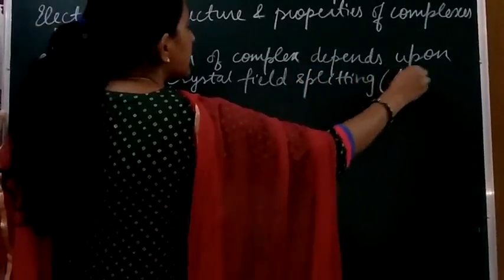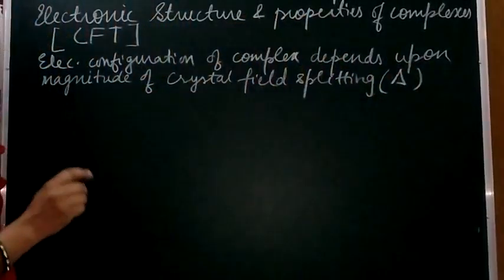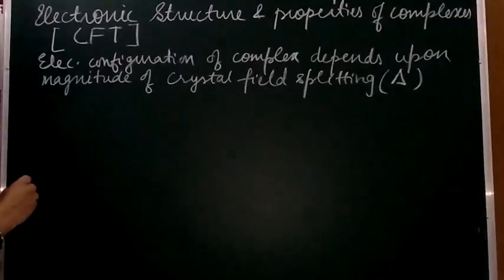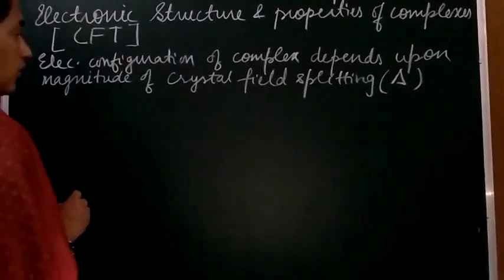We can simply write it as delta, and if it is delta O, it will be an octahedral complex, and delta T will be for a tetrahedral complex.